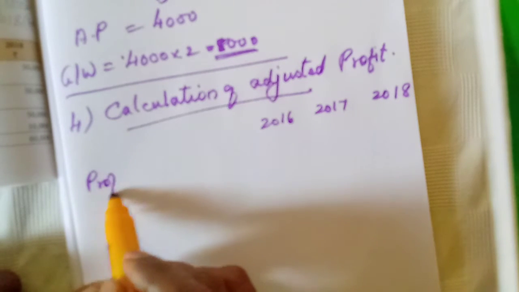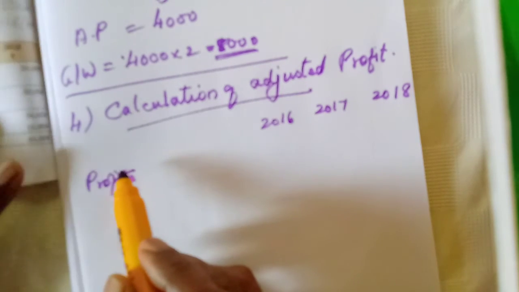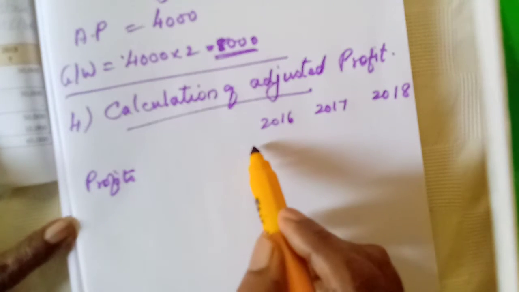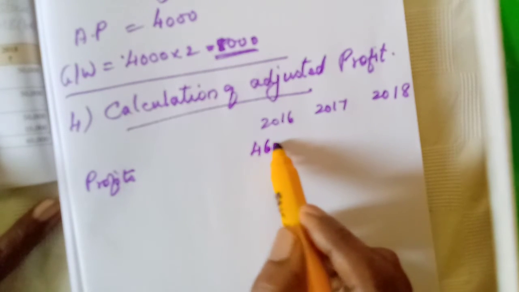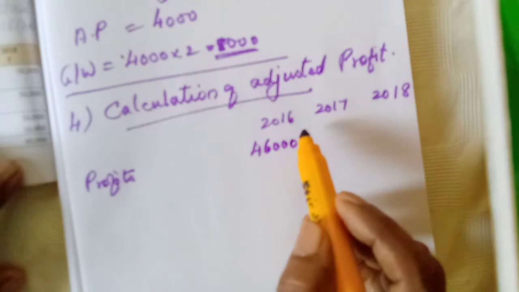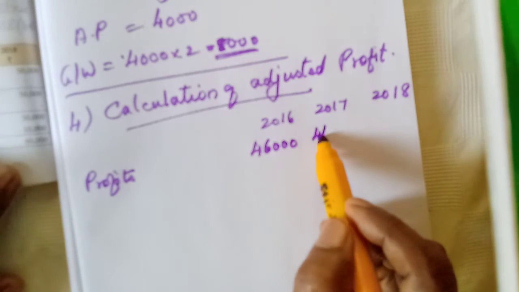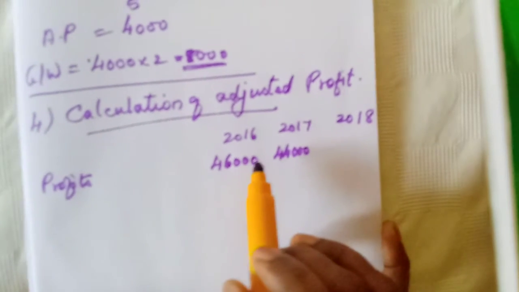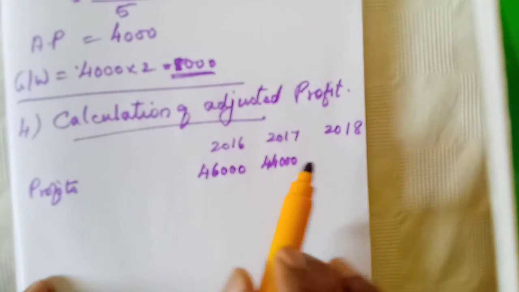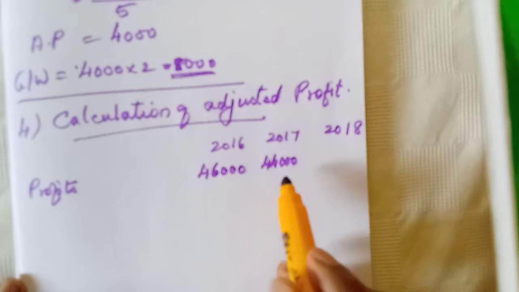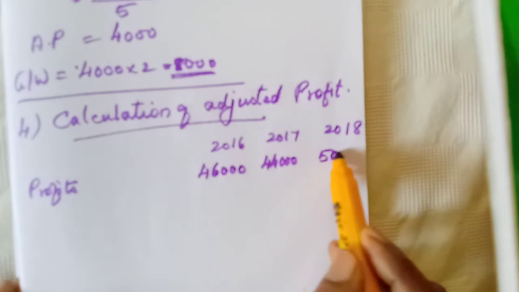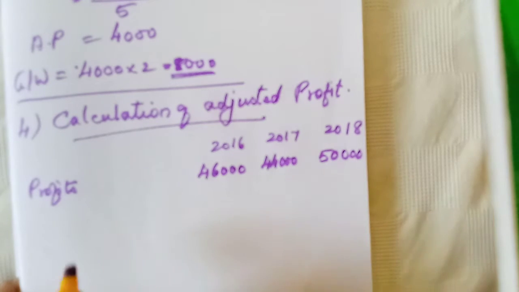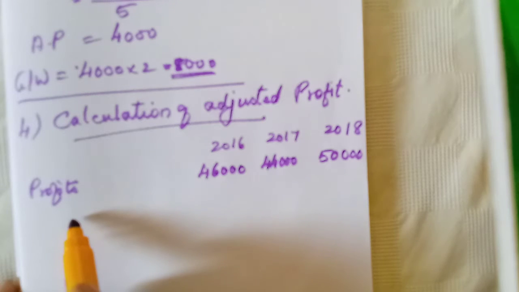Profits: 46,000, 44,000, 50,000. Here, non-recurring income.